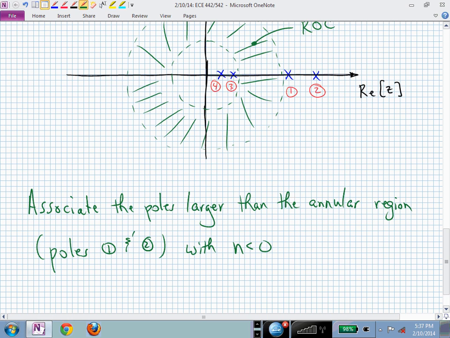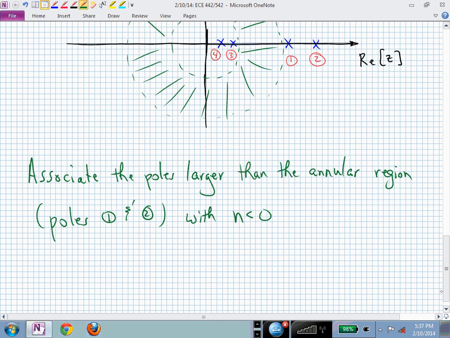And this basically says that for these 2 poles, poles 1 and 2, the region of convergence is interior to those poles. So I'm saying it many different ways, but hopefully it is making sense. So our region of convergence is inside those 2 poles, poles 1 and 2.